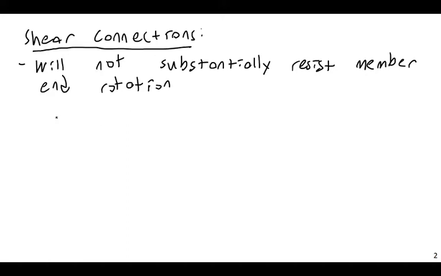If I design a beam as a simply supported beam, I'm assuming that at the ends there are connections that are not going to resist rotation. If I apply a load, this thing will bend and deflect in a very simple single curvature, and the ends will be free to rotate. The actual angle at the end of the connections will bend freely with the rest of the member. The connections themselves will not be able to resist any kind of end moment. That, of course, is what we mean by a shear connection.